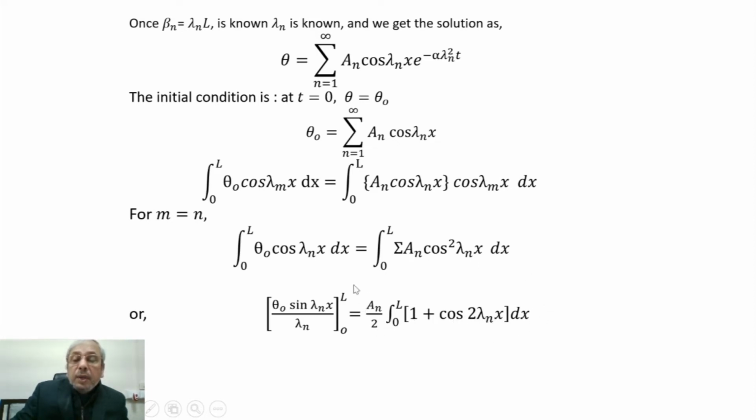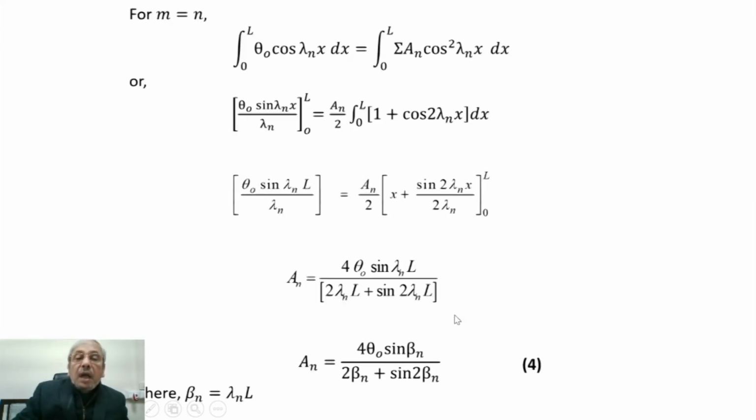So we perform this integral, and again we have repeated that step to memorize it. Basically we are performing this integral, n by 2, 0 to L, 1 plus cos twice lambda n x dx, and we perform the integration again, and set the upper limit and lower limit, and then we find out the value of an.